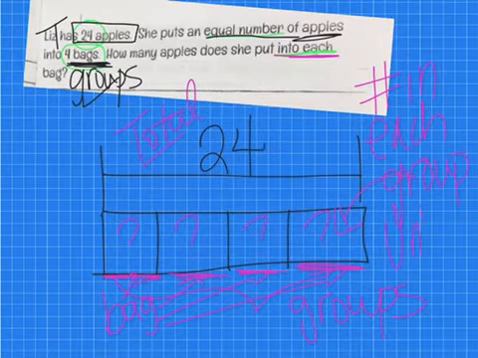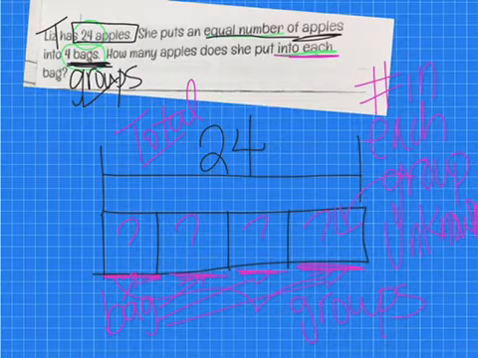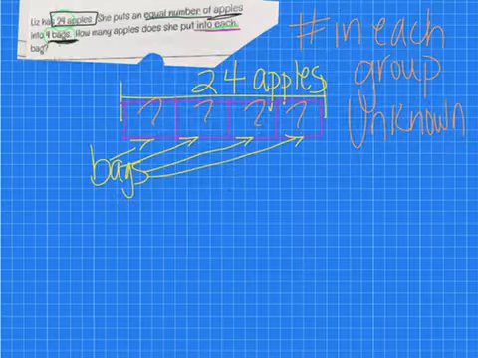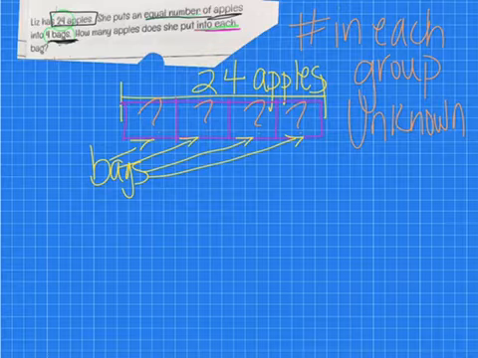That is my unknown in this problem. I do not know how many she put into each group. So this is a number in each group unknown problem because it gave me my total and it told me how many groups. So I had to figure out how many go in each group.